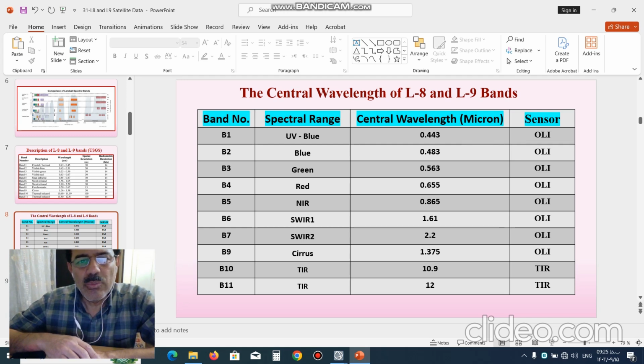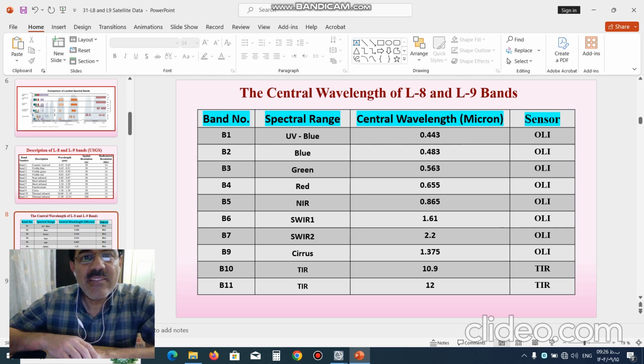Band number 2 blue, 3 green, 4 red, 5 NIR or near infrared, 6 SWIR 1 or shortwave infrared number 1, B7 SWIR 2, 9 Cirrus.